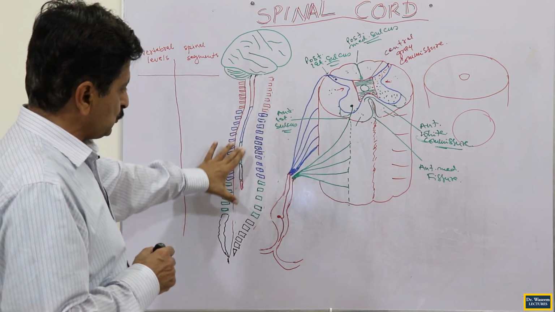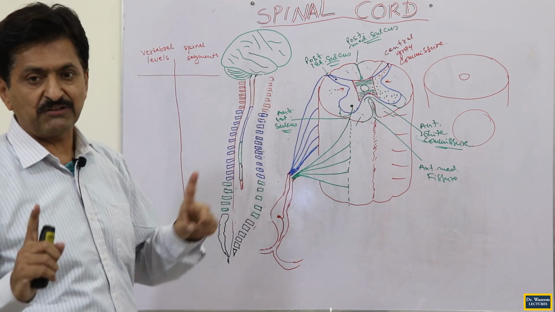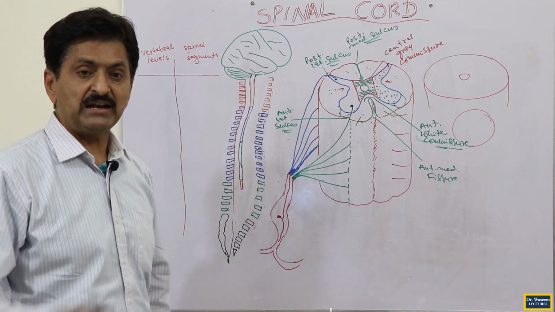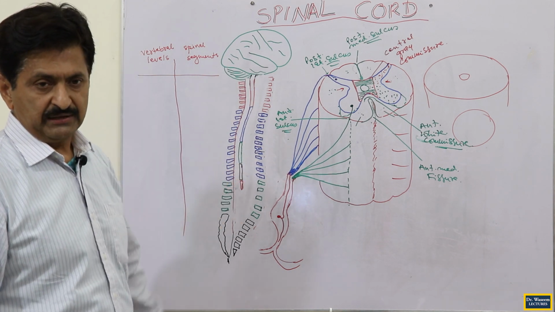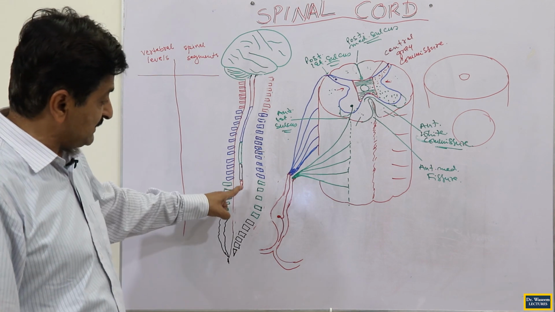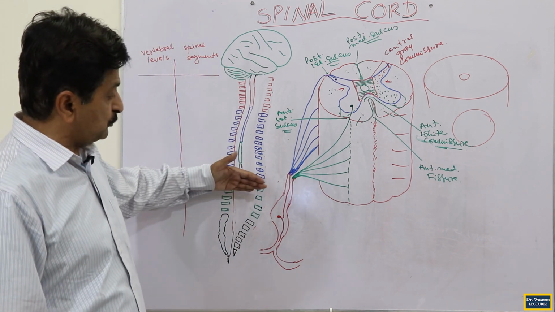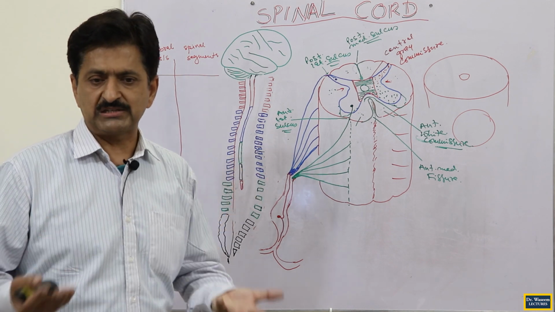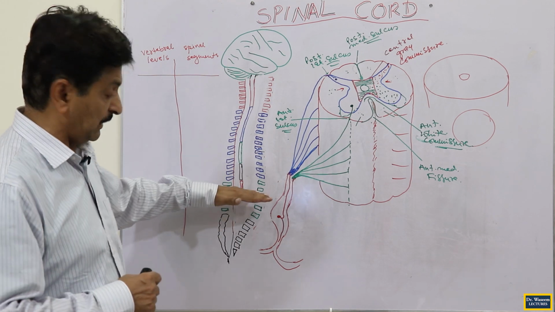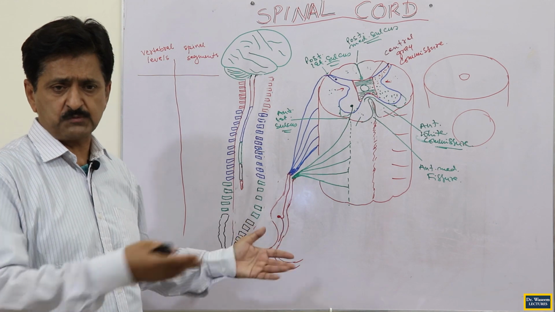Now we have told you that the spinal cord has 31 segments, and the spinal cord itself is accommodated in about 20 vertebrae. So 31 segments are there, roughly say 30, and we have about 20 vertebrae in which the spinal cord lives, because after L2, 3, 4, 5, S1 to S5 and the coccyx, the spinal cord is not there.